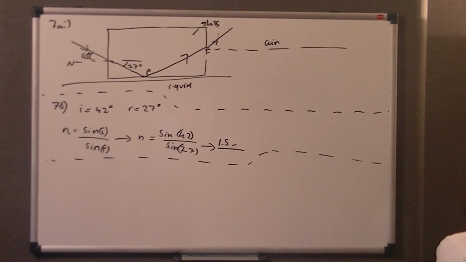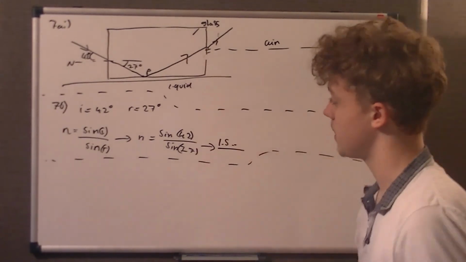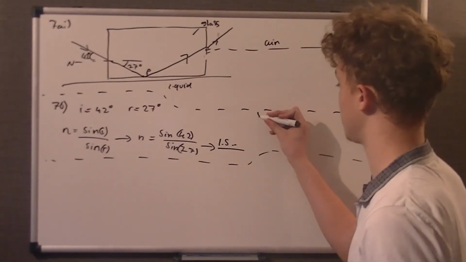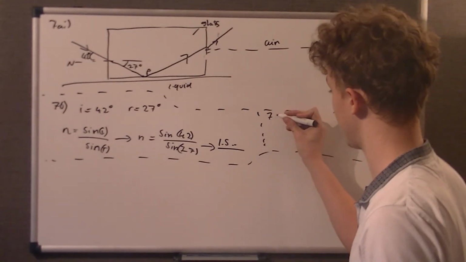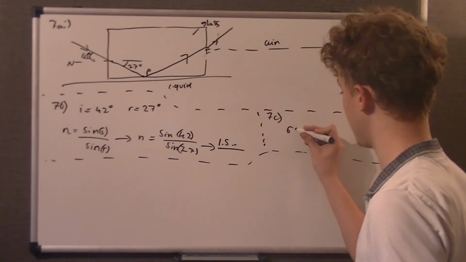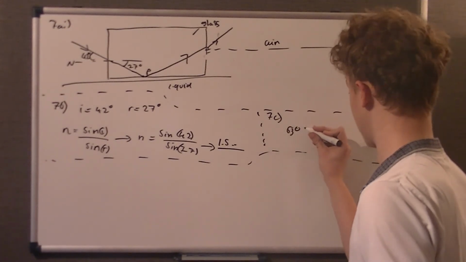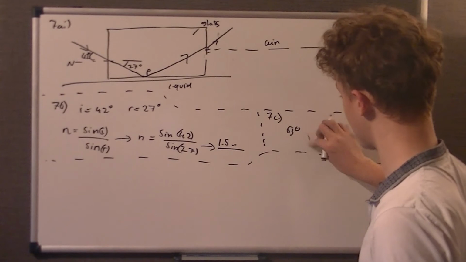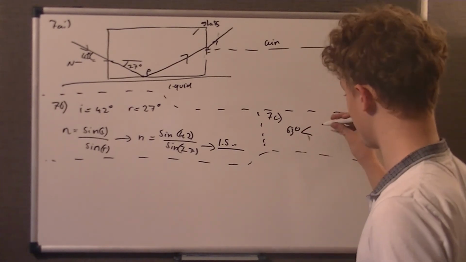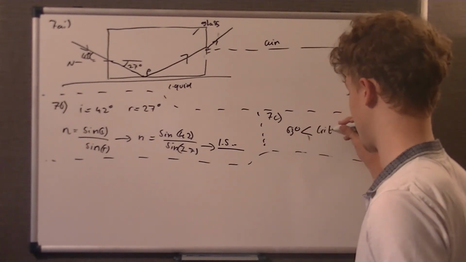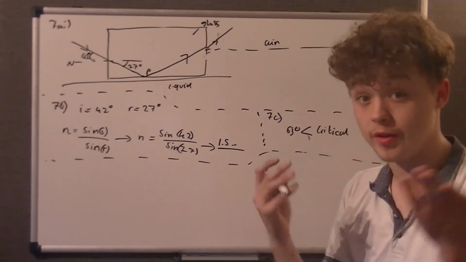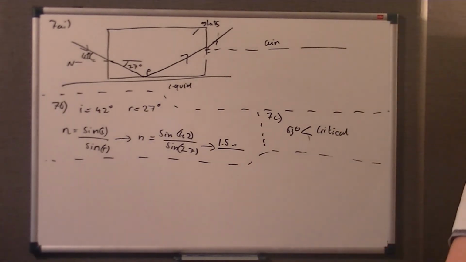That's weird. Sorry, just give me a second. We know it's going to be less than 63 degrees, so just put less than 63 degrees, and you get a mark for that. Critical. I'm not sure how it came up with that, but hopefully you will. So that's not really good doing a tutorial where you're expected to know it.